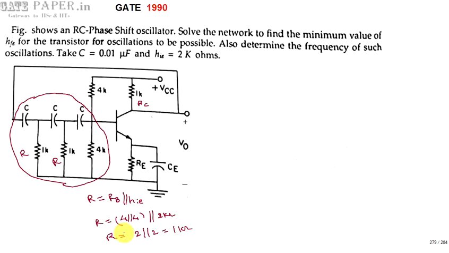So this is an amplifier which uses 3 RC networks of equal value, and each provides 60 degrees phase shift, such that the feedback network introduces 180 degrees phase shift, and this common emitter stage introduces one more 180 degrees phase shift. So 180 degrees plus 180 degrees total becomes 360 degrees, which is the required criterion for oscillations to be produced. This is known as the Barkhausen criterion.